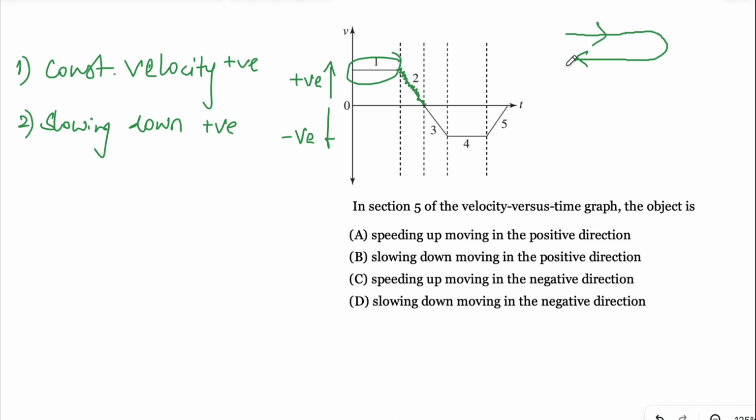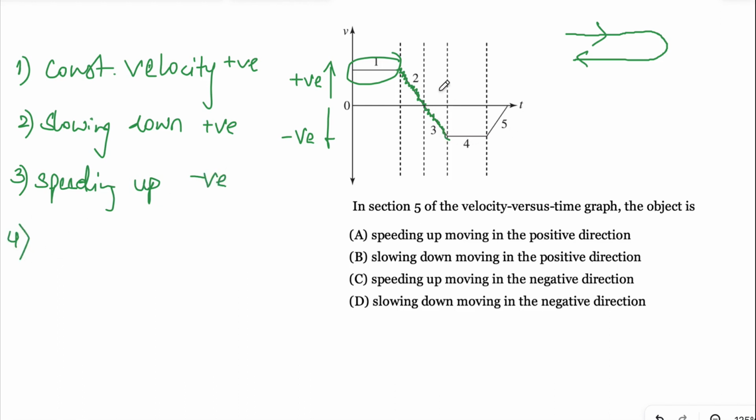As soon as the third region occurs, you see the velocity is increasing in the negative direction. So it's speeding up in the opposite direction compared to section 2. Speeding up, negative.